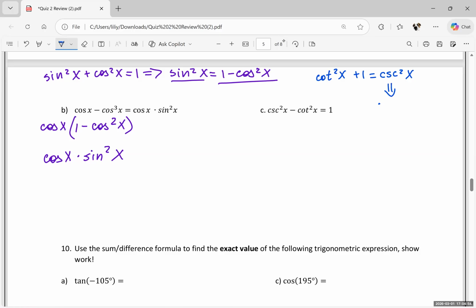Because if you replace this with this, you'll get cotangent squared x plus 1 minus cotangent squared x. And cotangent squared minus cotangent squared, that's 0, so this is just 1.